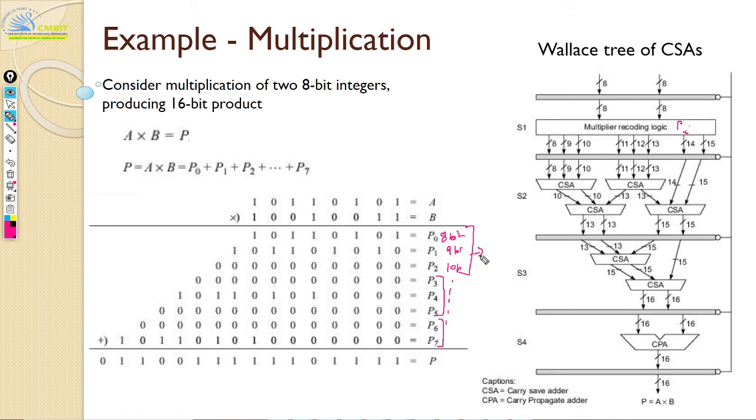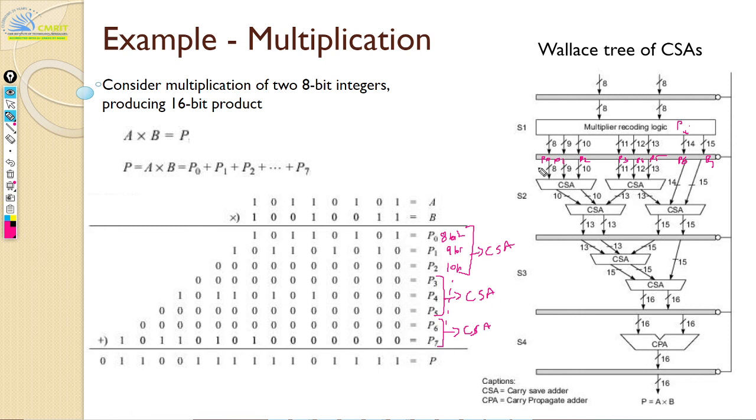Okay, so you give this to one carry save adder, you give this to one carry save adder, and you give this to one carry save adder, because a carry save adder takes three inputs and gives you two outputs. So you take the first three, 8, 9, 10, the first three partial products. This is p0, this is p1, this is p2, this is p3, p4, p5, p6 and p7.